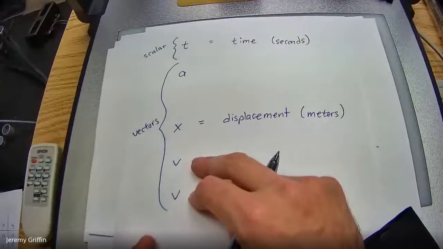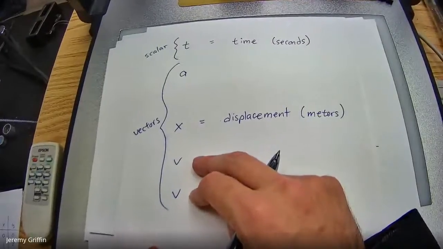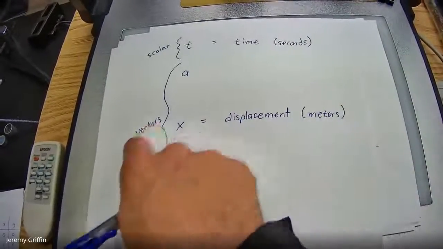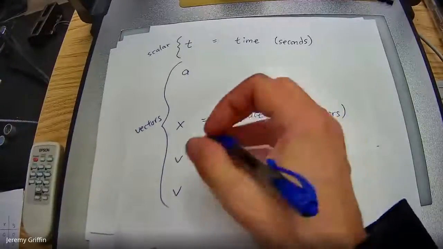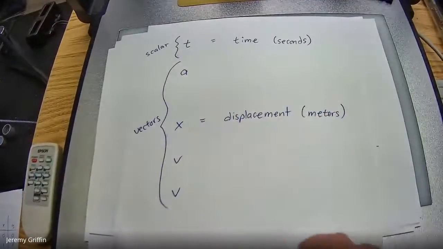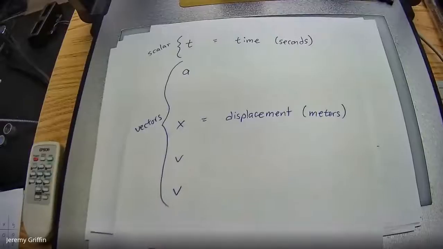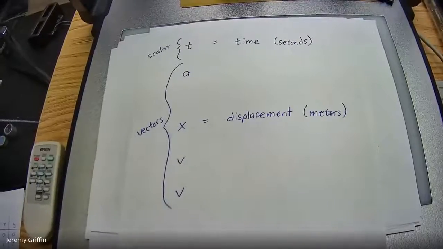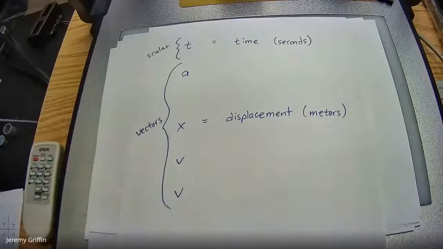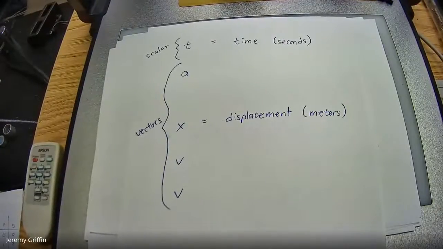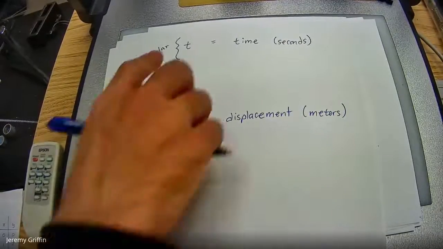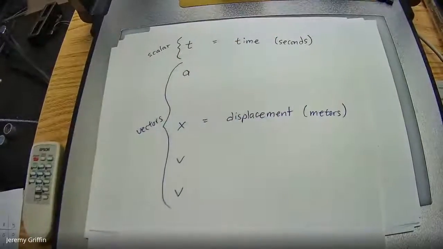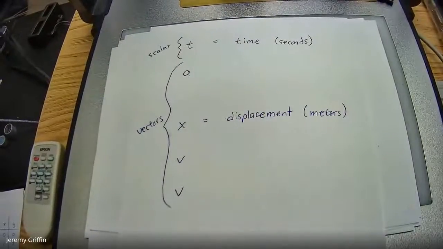V, what do you guys think V stands for? Velocity. Now that's like speed, like how fast, but also with the direction. That's important. Now, dropping that car down that incline yesterday, was the car speeding up, going faster, faster, faster? Right, and usually how the problems are presented to you is that there's some time interval that is taken along, and there's maybe a starting velocity and an ending velocity.